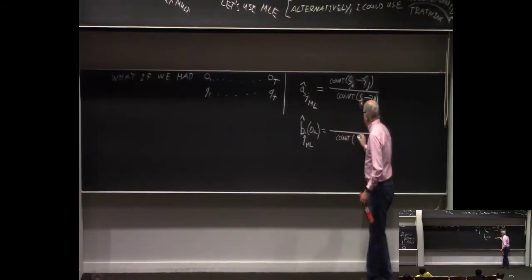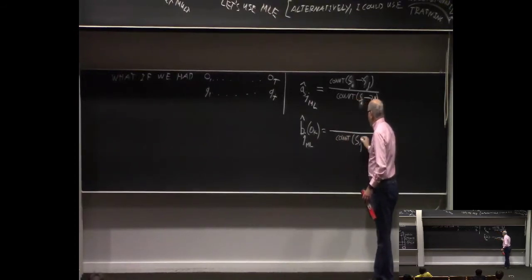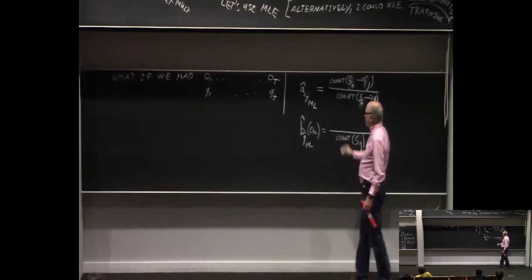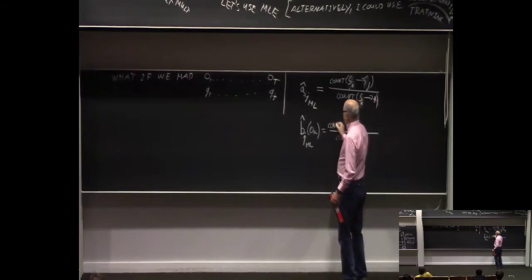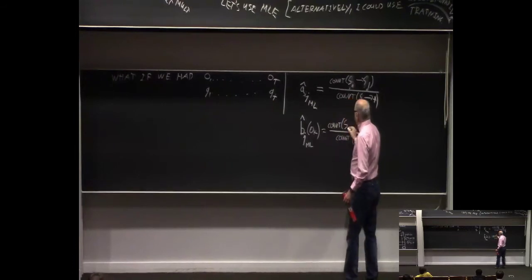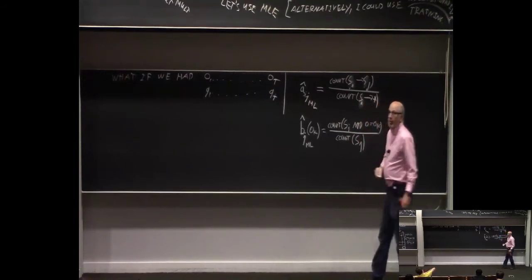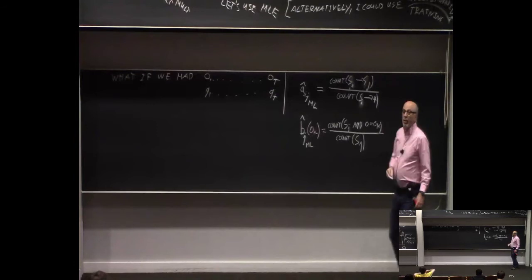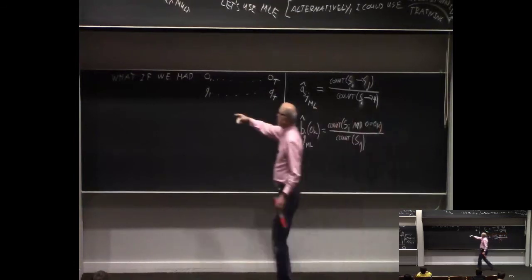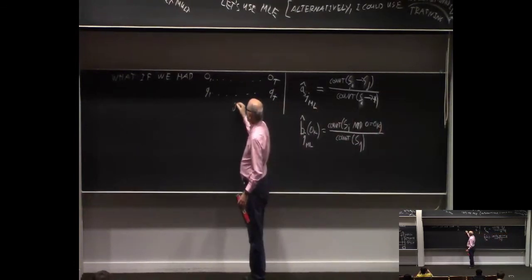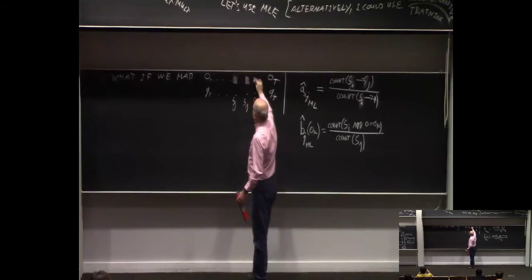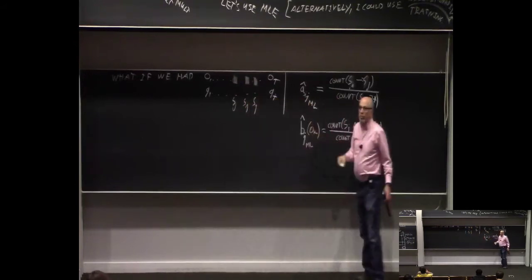Count of how many times we were in state J, and of those, count how many times we were in state J, and the observable was K. How many times in this sequence we were in state J? And of those, how many this particular output was this one?